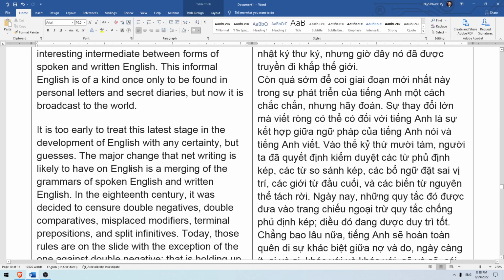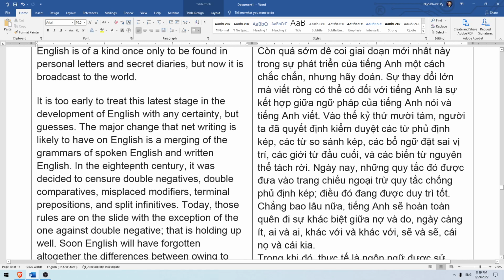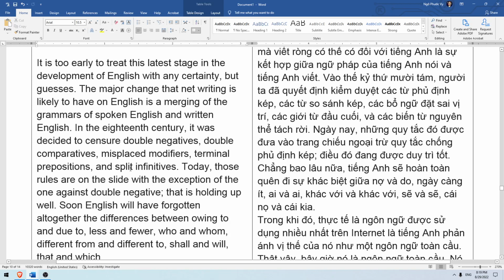This informal English is of a kind once only to be found in personal letters and secret diaries, but now it is broadcast to the world. It is too early to treat this latest stage in the development of English with any certainty but guesses.